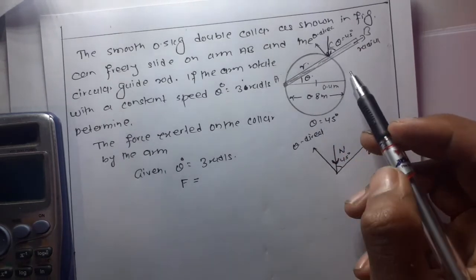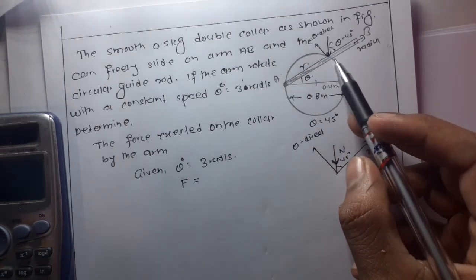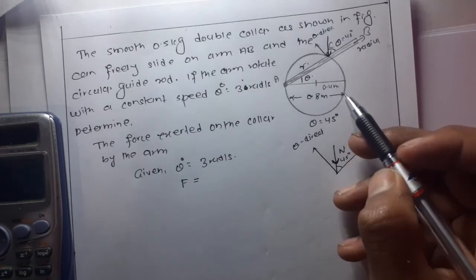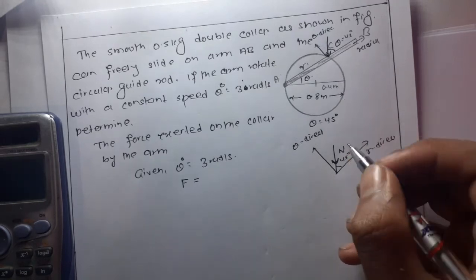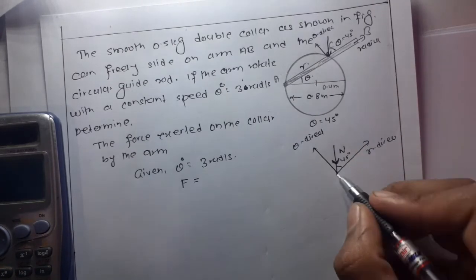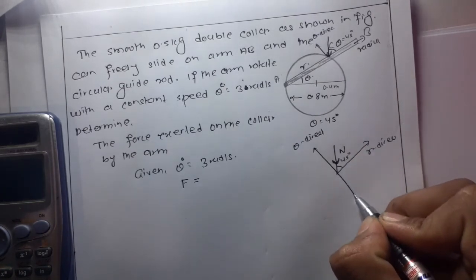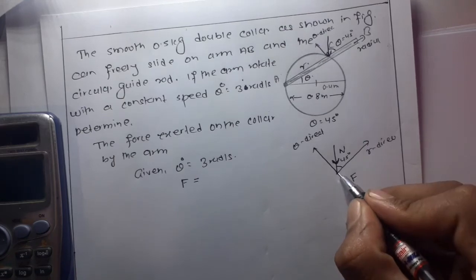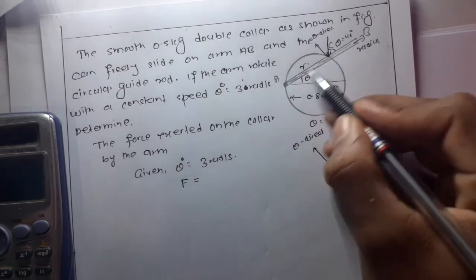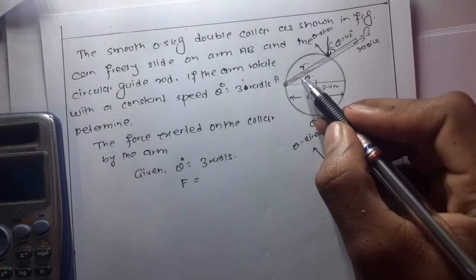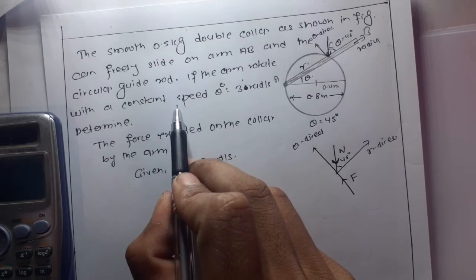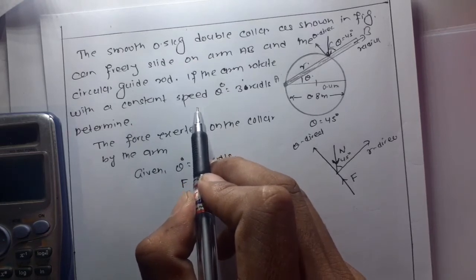Now the force F exerted on the collar by the arm at that instant, let's say this is F, and this acts perpendicular to this arm AB, because the angular speed is constant.